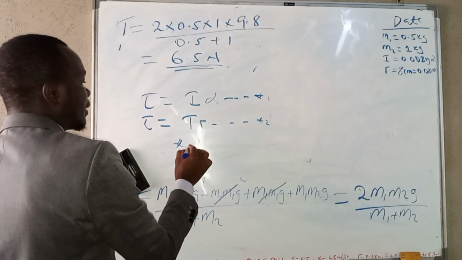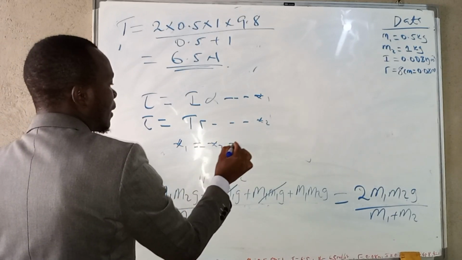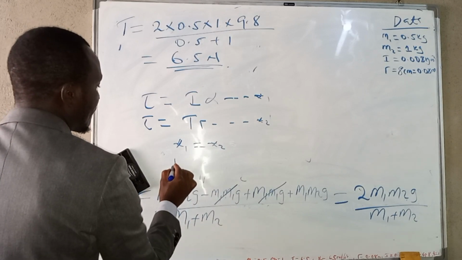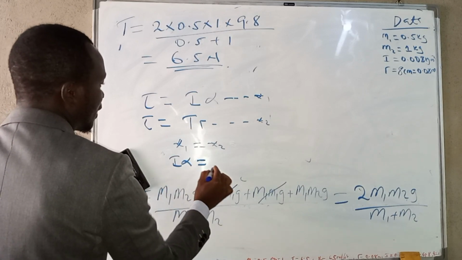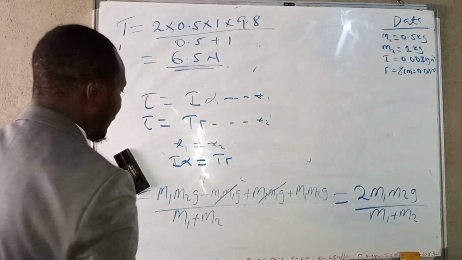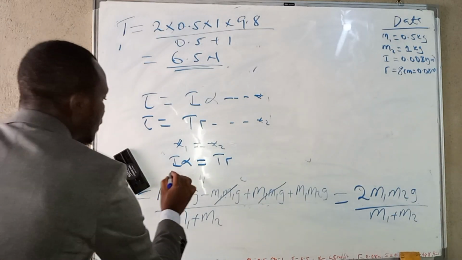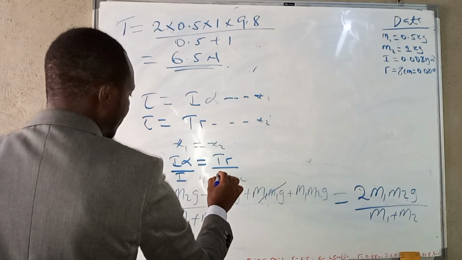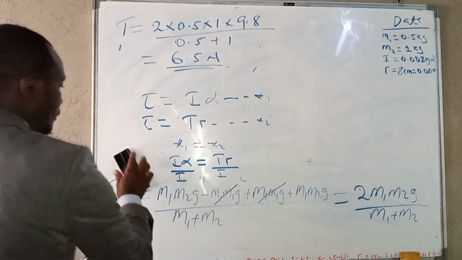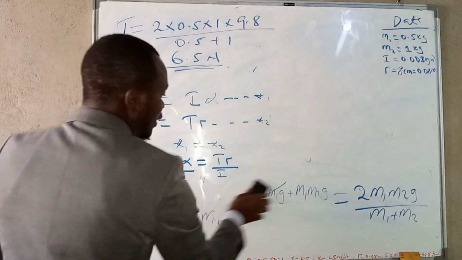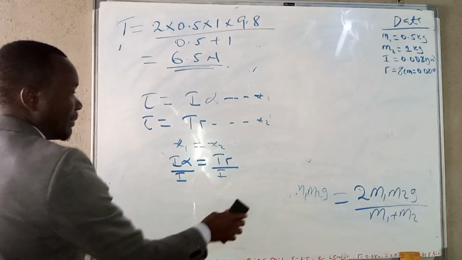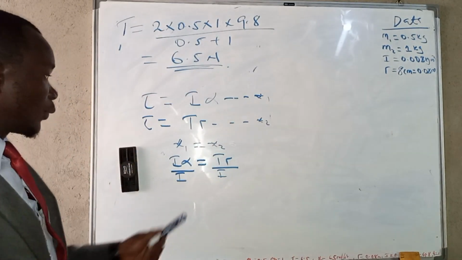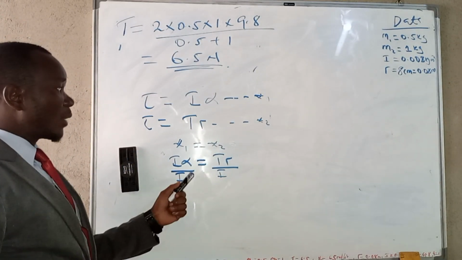So asterisk 1 and asterisk 2 are equal, and we have I alpha equal to TR. We divide by I. The goal is to find the angular speed, and for that we need the tension.